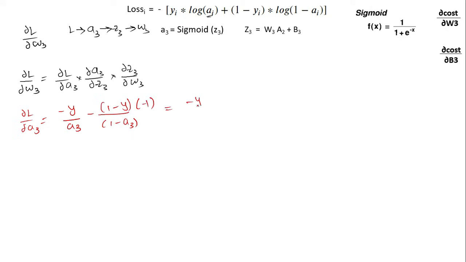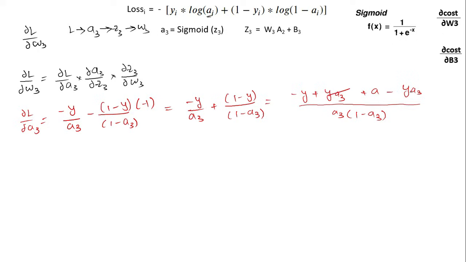So it will be minus y upon a3 plus (1 minus y) upon (1 minus a3), and once we simplify this we get this and this is going to be cancelled, so this comes out to be (a3 minus y) upon a3 multiplied by (1 minus a3). So this is our del L by del a3.